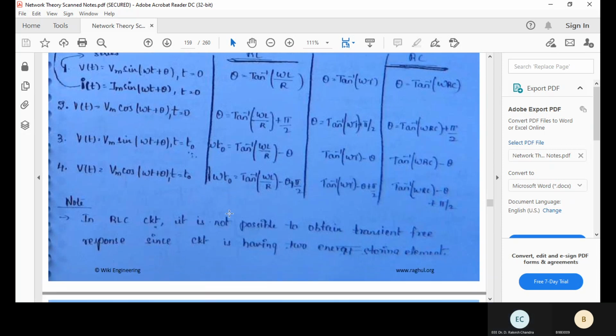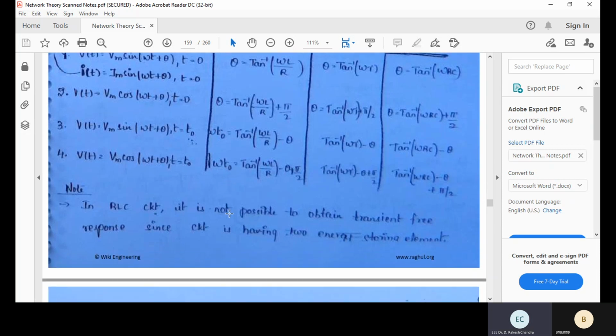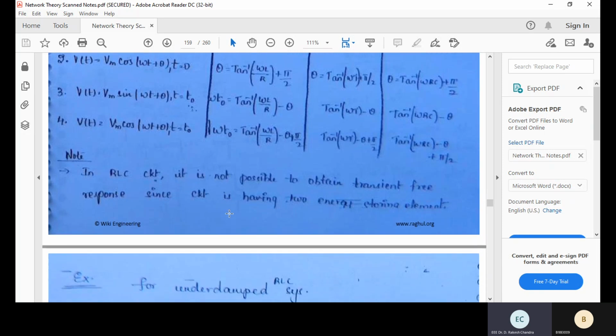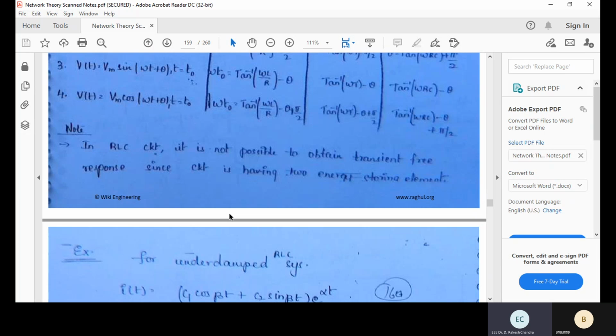This is for the RL circuit. But if you take a series RLC circuit, we have seen the response. Of course, by using differential equations or Laplace transform you can find the second order differential equation, and we can find zeta, greater than 1 or less than 1.